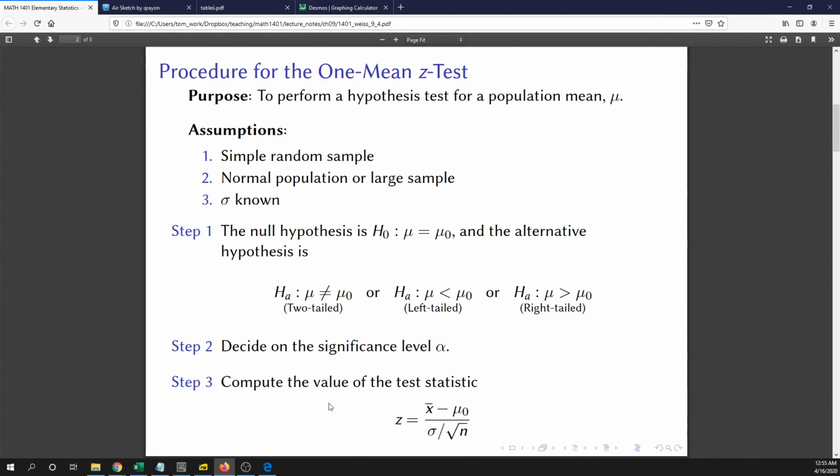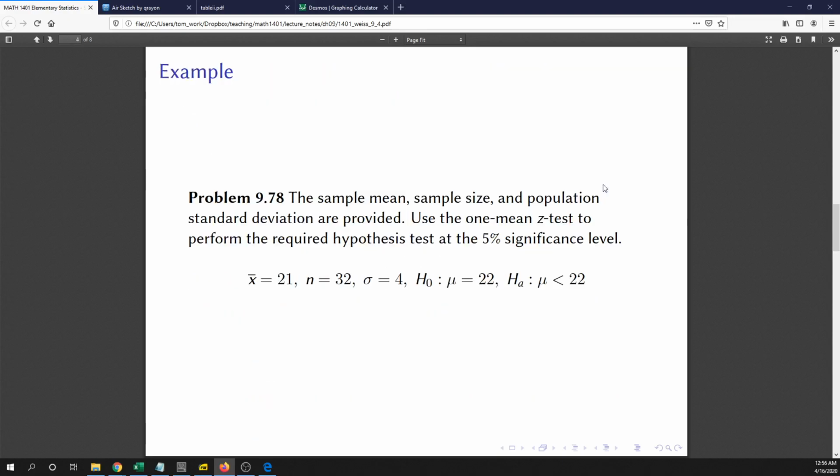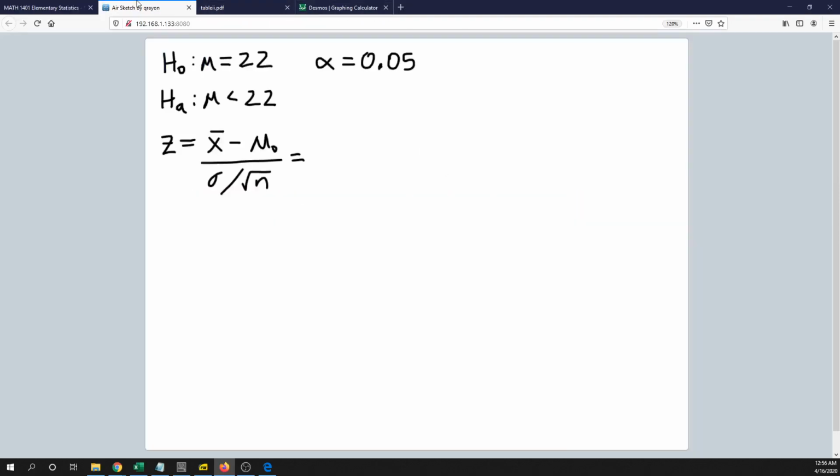Step three is to compute the value of your test statistic. Our test statistic is z equals x bar minus mu naught over sigma divided by the square root of n. So this is our formula for the test statistic, and we need to compute that out.